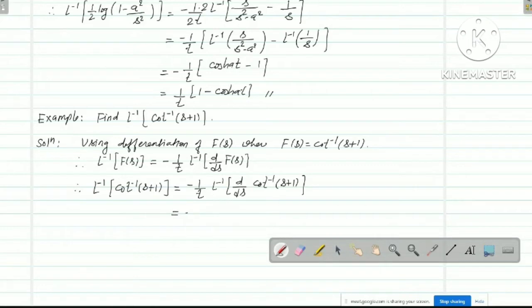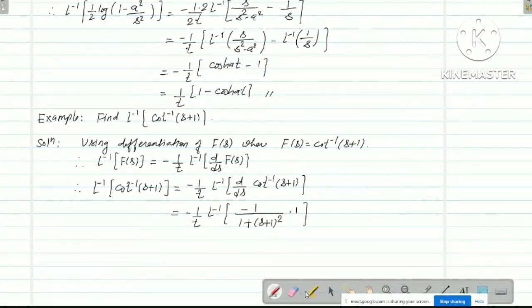The derivative of cot inverse is negative of 1 upon 1 plus s plus 1 the whole square. If I take the derivative of s plus 1, you get 1, and the constant term gives 0. Negative and negative give positive, so 1 upon t, L inverse of 1 upon 1 plus s plus 1 the whole square.